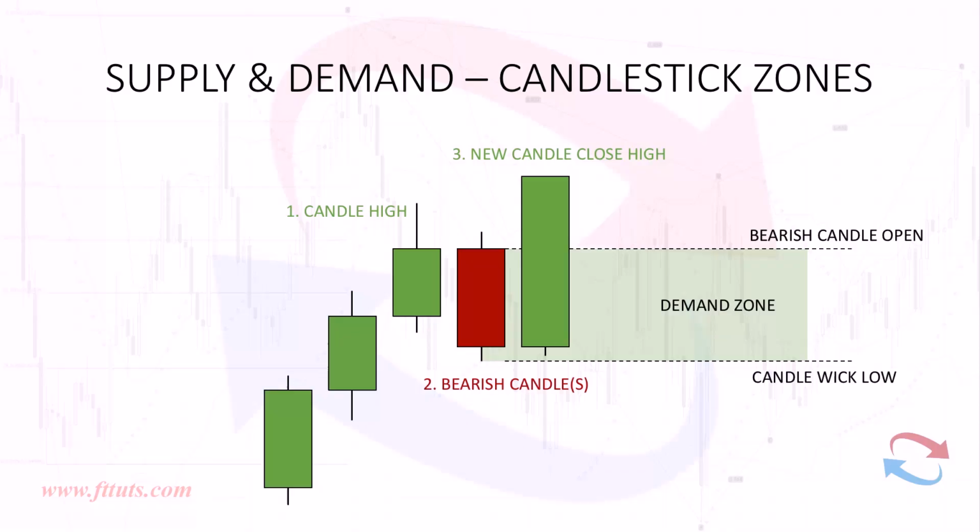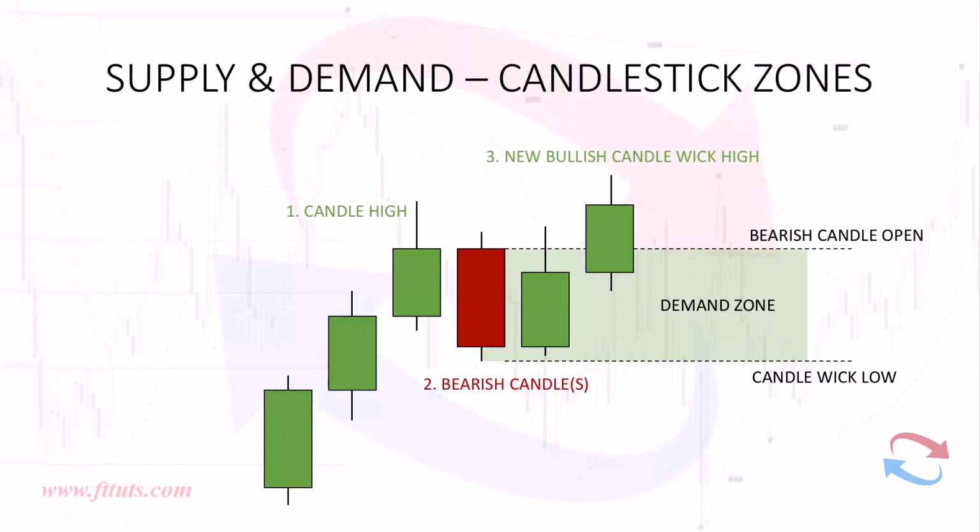When we get this sequence, a bullish, bearish, bullish candle, and the bullish candle makes either a wick high or a close high, we draw a demand zone from the bearish candle's open to the lowest candle wick low. And this will become our demand zone.